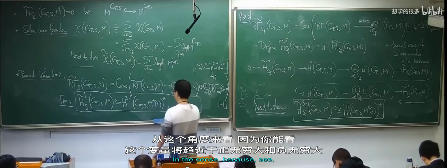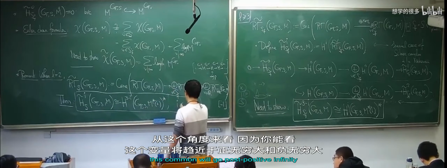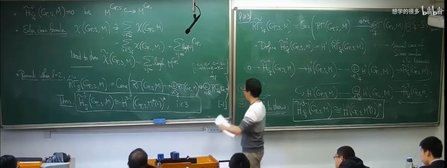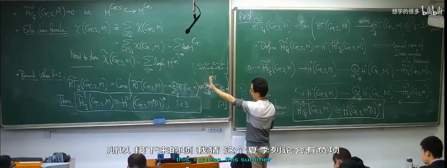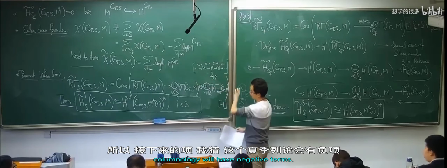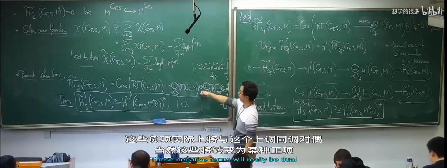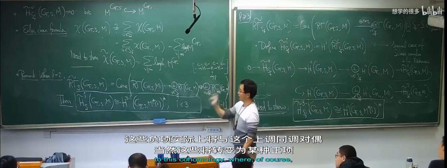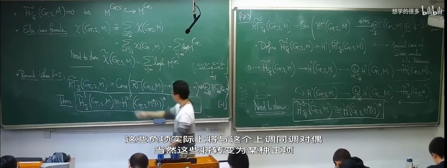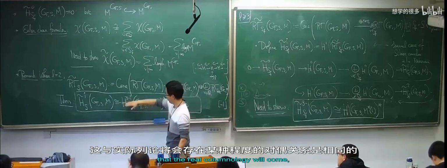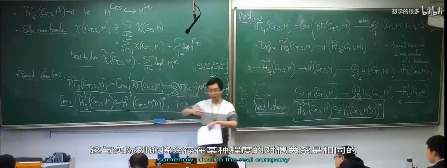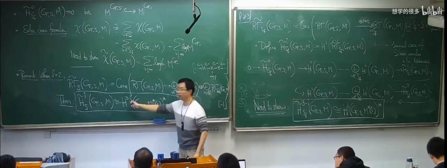See, this cohomology will go both to positive infinity and negative infinity. So the terms going to negative, I guess this Selmer cohomology will have negative terms. Those negative terms will really be dual to this cohomology, where of course these will become positive terms. And this will be the same as the real cohomology coming out of here being dual.